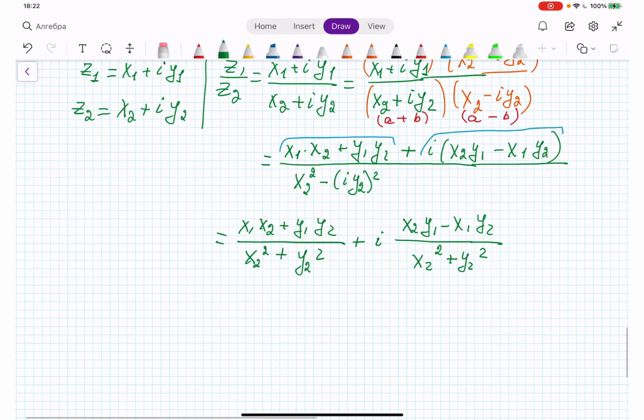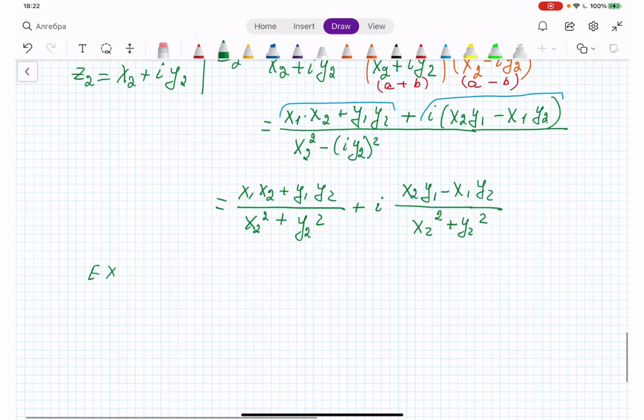So let's do an example. We have z1 equal 2 and obviously 0i. If we have only 2, that means the imaginary part is 0.